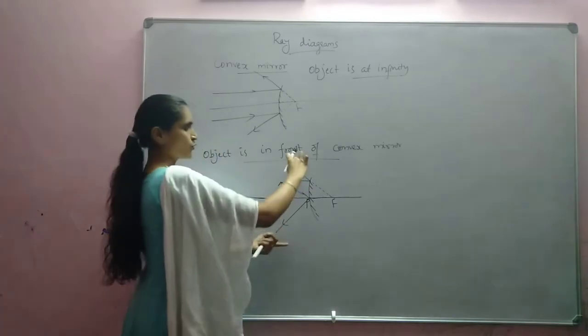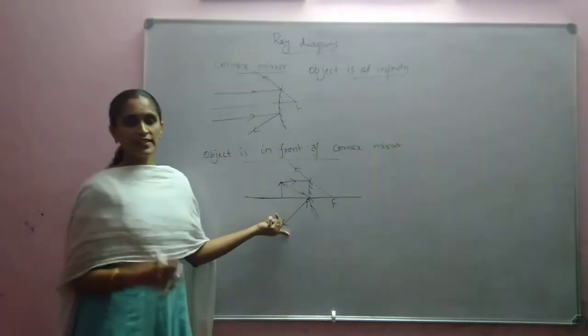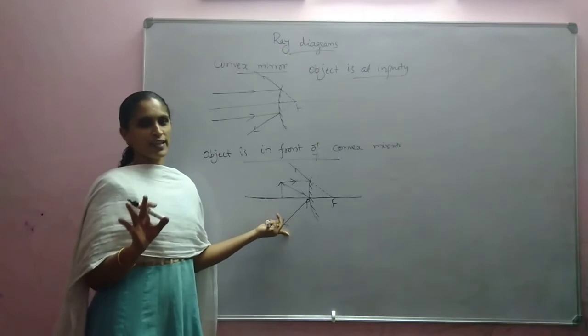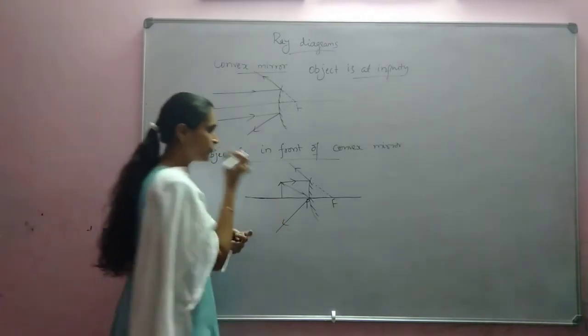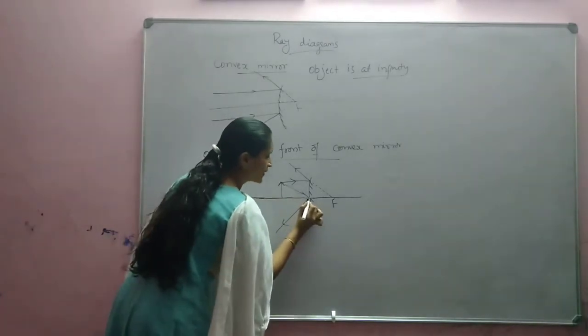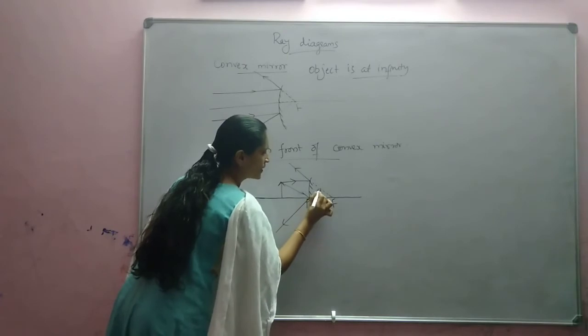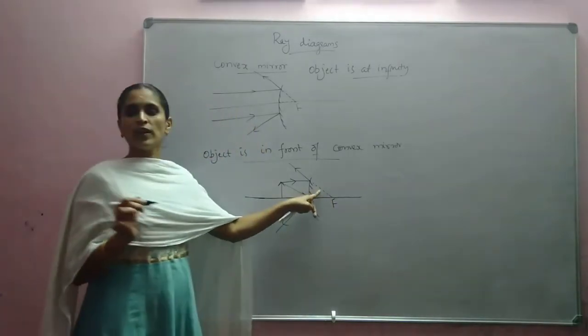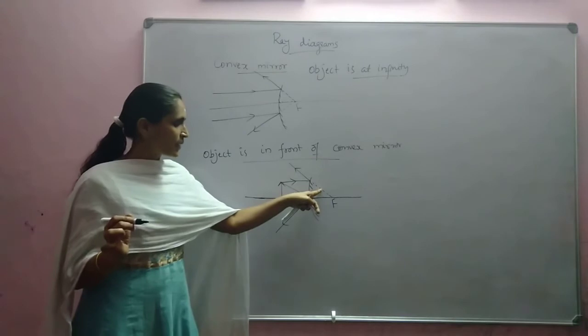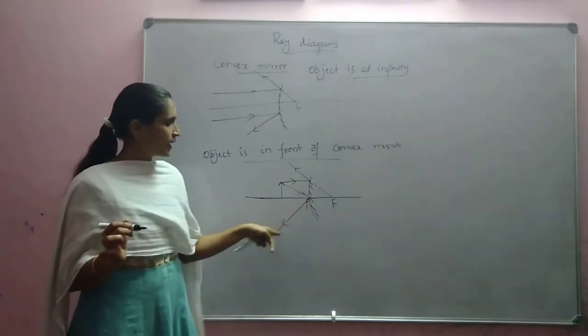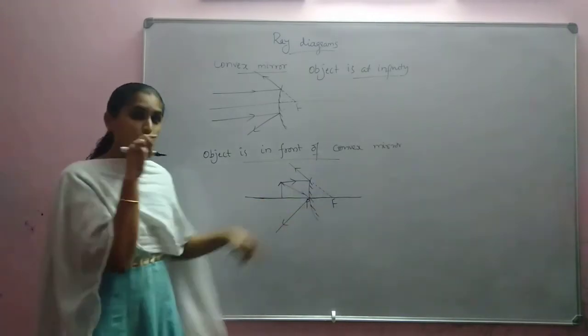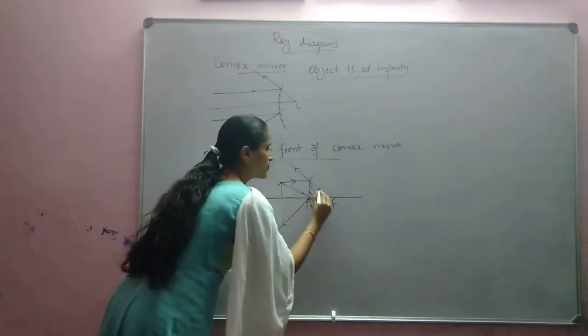Is there any chance that these two rays will meet? No chance that they will meet. But if you extend them, you can see that these two rays appear to come from this point. So we can say that this is the position where the image is formed.